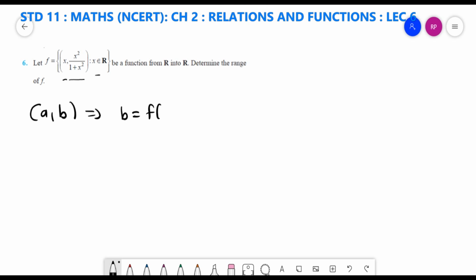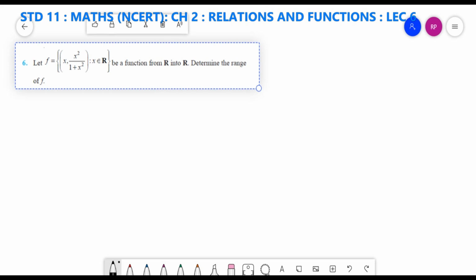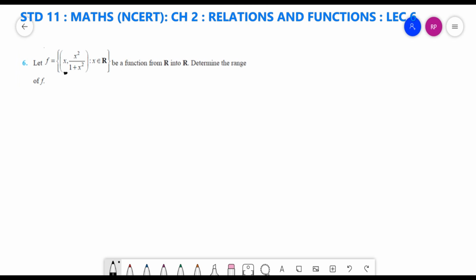So here we can see x, so what is this? f of x. So here f of x will be equal to x square upon 1 plus x square.